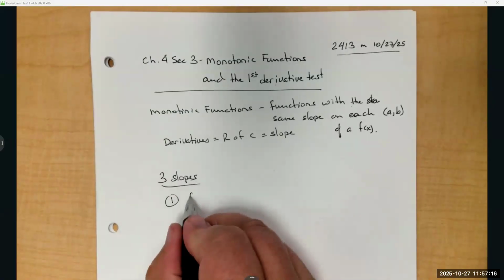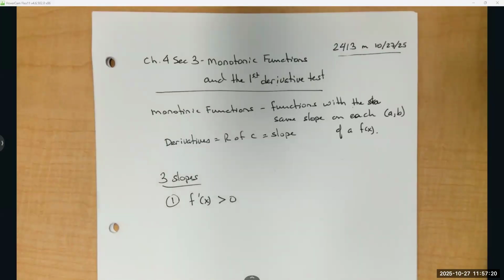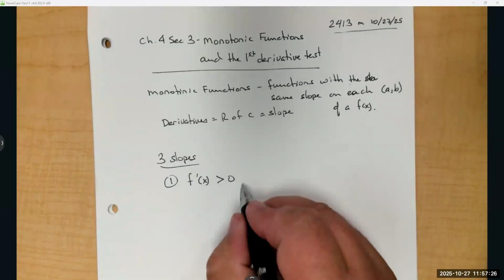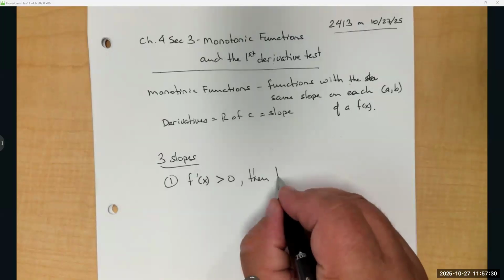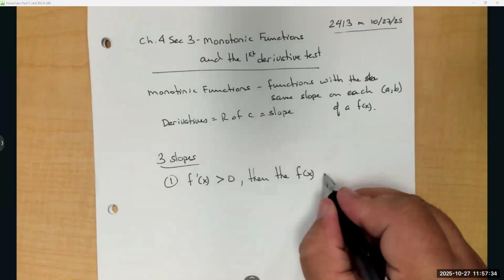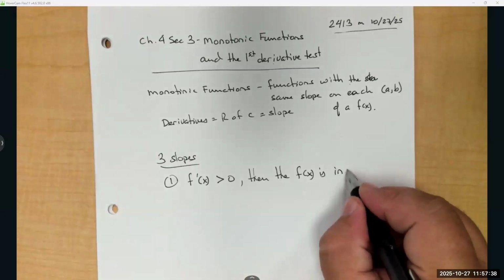One, the slope could be positive. If it's positive, what's happening there with the function? Then the function is doing what? Increasing.